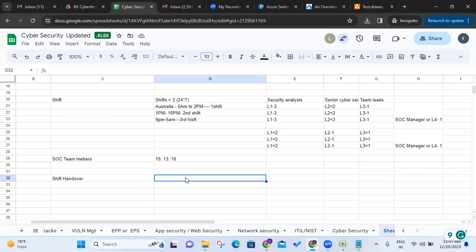Because the closed incident is already closed, the next shift, the takeover team, need not worry about it. Escalated ones they have to take care of, and new ones they have to take care of because the SLA will be crossed, or work in progress. These three things they have to hand over basically. On hold or pending, and also closed, are not mandatory.